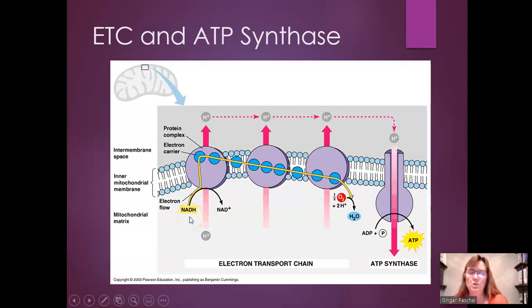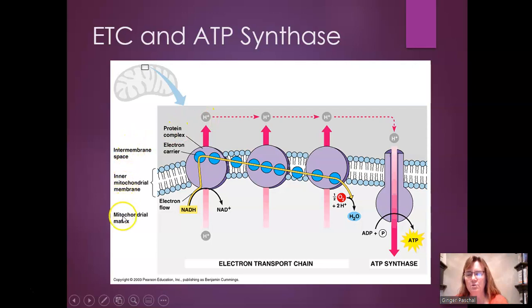FADH2 is not in this picture, but FADH2 does the same thing that NADH does. They bring the electrons and they bring their hydrogens. So they drop off their hydrogens here, and their hydrogens are pushed out to this outer area. So they bring them into the matrix and they're pushed into the intermembrane space.